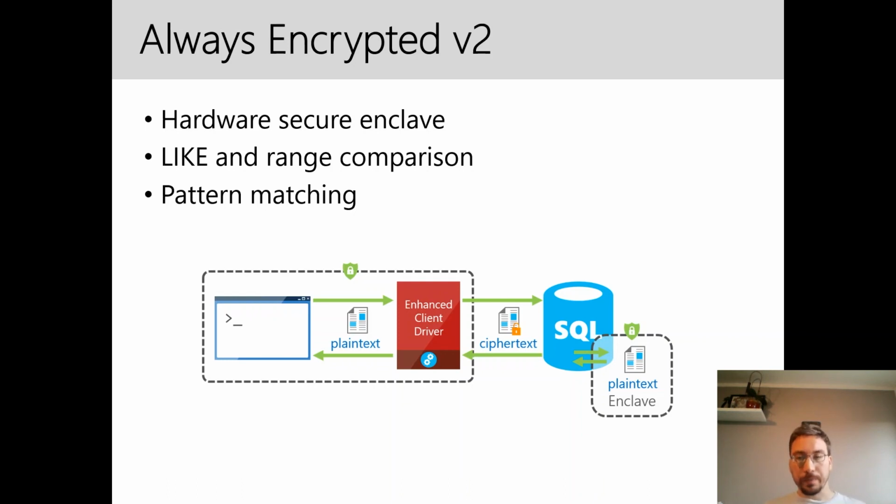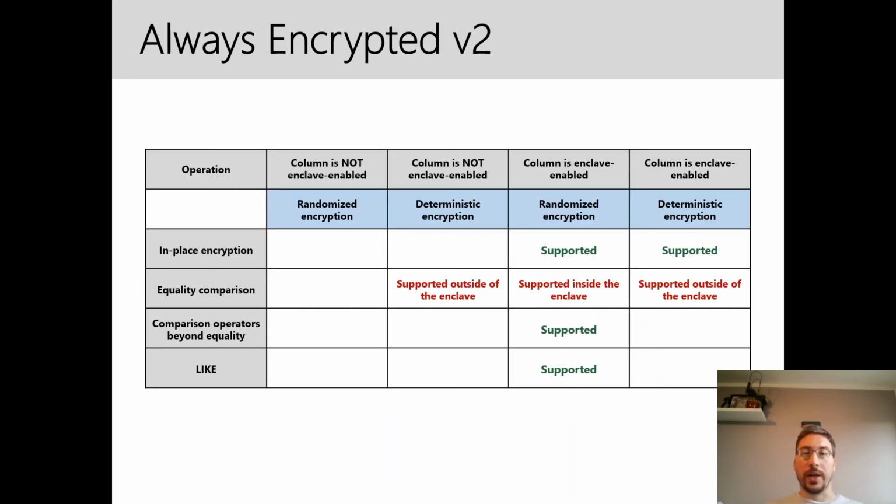Right? So what operations are actually supported? If your column is not enclave enabled, there is no advanced support for any kind of comparison. If the column is not enclave enabled with deterministic encryption, like in V1 of Always Encrypted, the equality comparison is supported outside of the enclave, like we showed in the demo. Now, if the column is enclave enabled with randomized encryption, in-place encryption, for example, is supported.